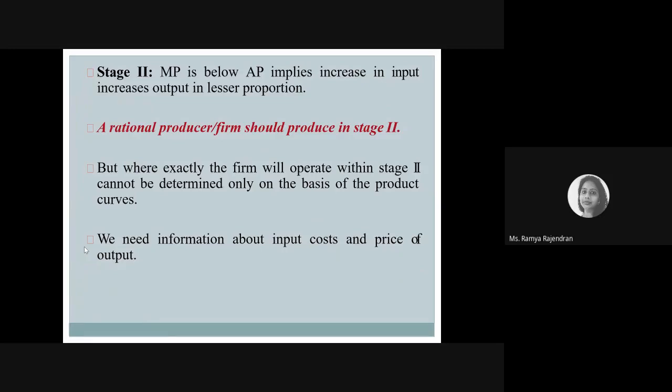But you can't say at which point exactly. You should determine it based on the business nature as well as the production product curves. To determine this, you have to know more about your input as well as output, I mean the money invested as well as the price at which it is going to be sold.